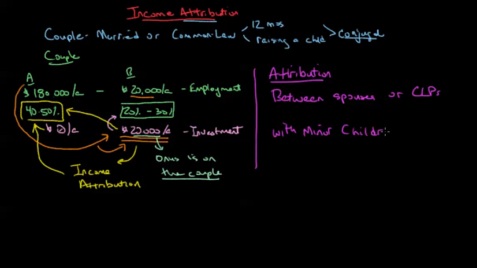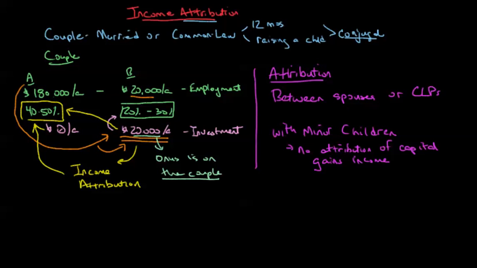Now, with minor children, it's important to note that there is no attribution of capital gains income. So if a minor child has some investment income in the form of capital gains income, that's not going to generate an attribution concern for the most part. Other sorts of income, like interest and dividends, would have attribution concerns for minor children.